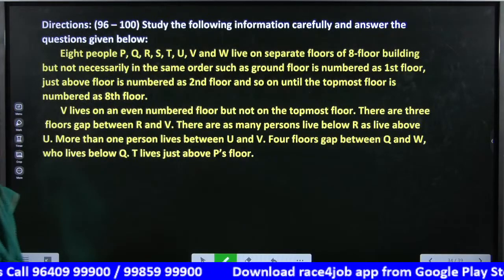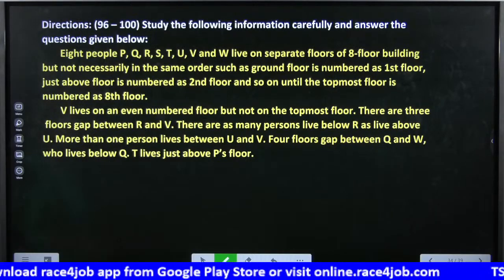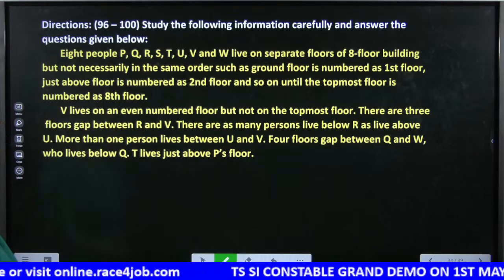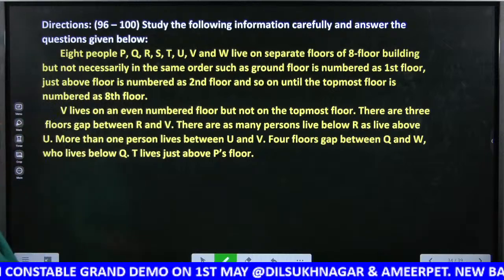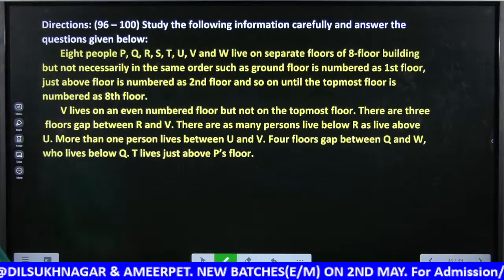Okay, the next question is a floors-based puzzle, a small puzzle, not very tough. 8 people P, Q, R, S, T, U, V and W live on separate floors of an 8-floor building, but not necessarily in the same order, such as the ground floor.